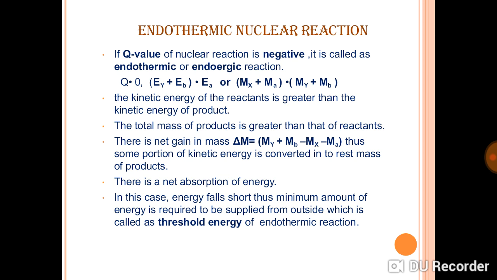The total mass of products is greater than that of the reactants. Thus, there is a net gain in mass equal to delta M. Delta M is equal to My plus Mb minus Mx minus Ma. Thus, some portion of kinetic energy is converted into rest mass of products. There is a net absorption of energy.